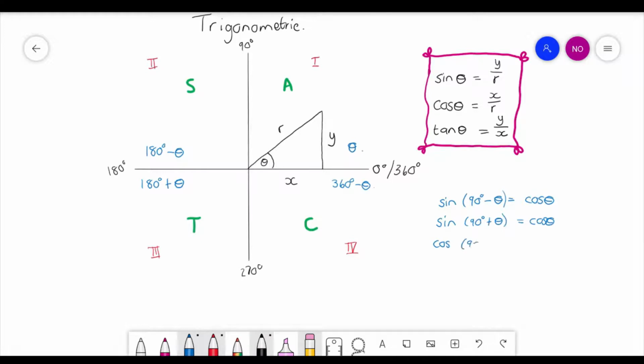Cos van 90 grade minus theta, gee vir jou sin van theta, en hierdie ene is die een wat 'n negatiewe teken kry. Min sin theta. Okay. We're going to practice some now. Moenie worry nie.